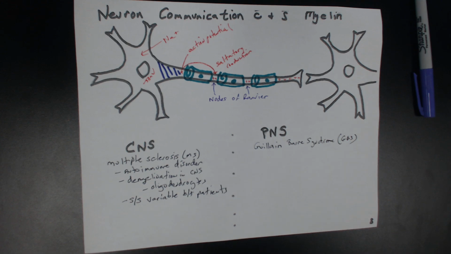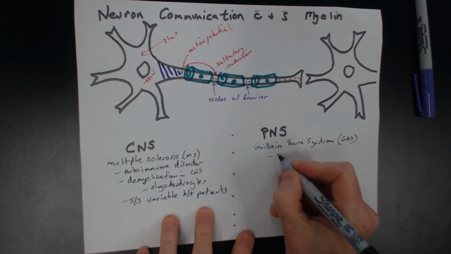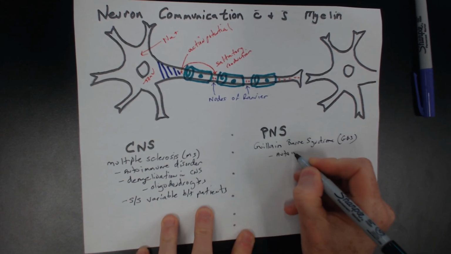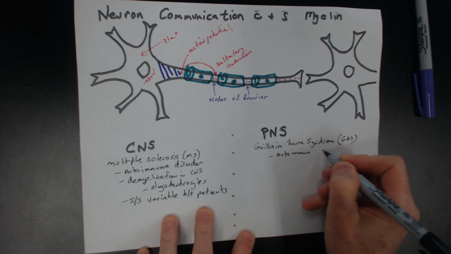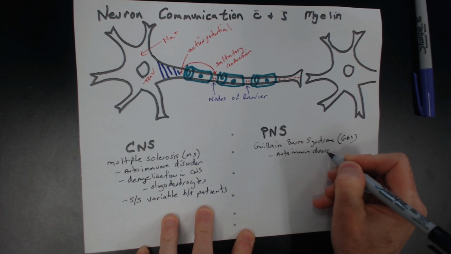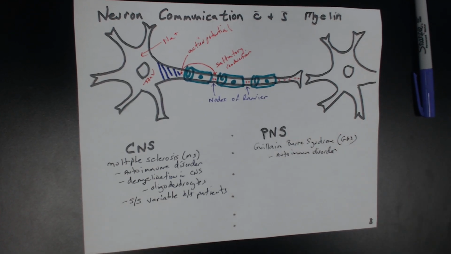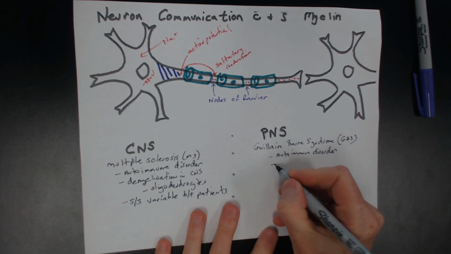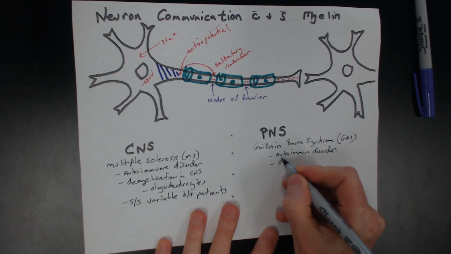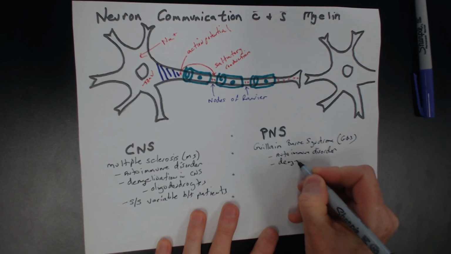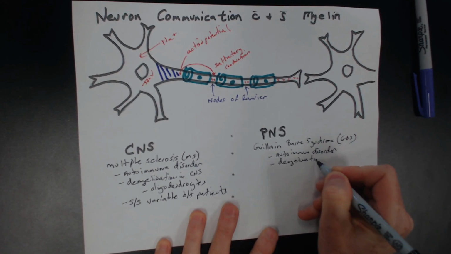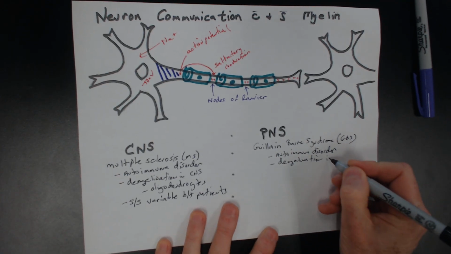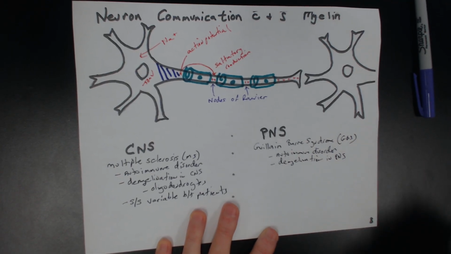But you should know it is, again, an autoimmune disorder. Okay, GBS, autoimmune disorder, and this time it's going to affect your Schwann cells. It's a demyelination. This time the demyelination is specifically in the PNS, right?